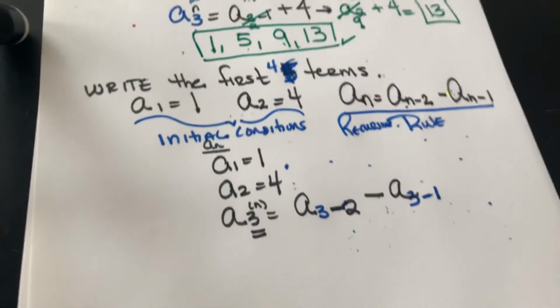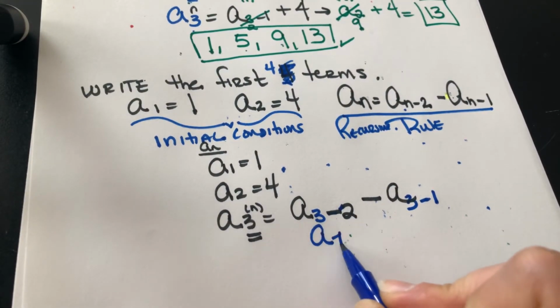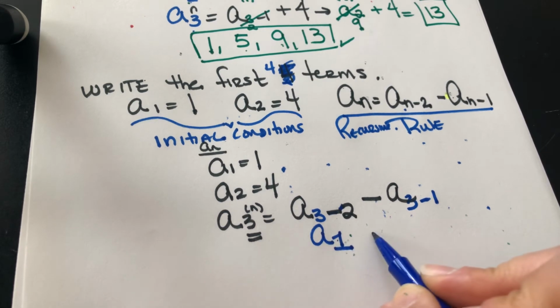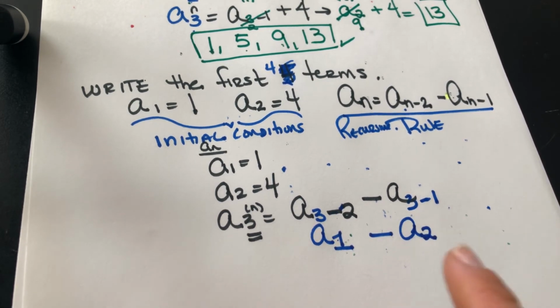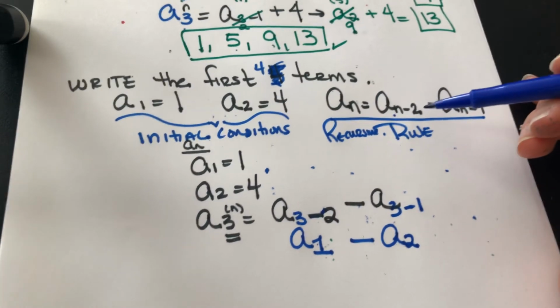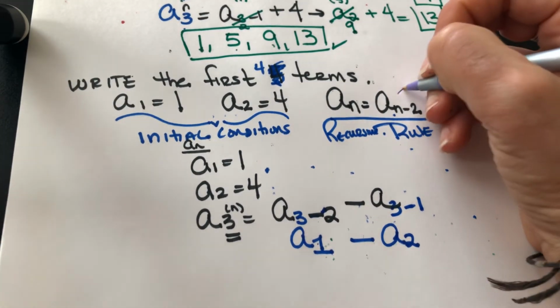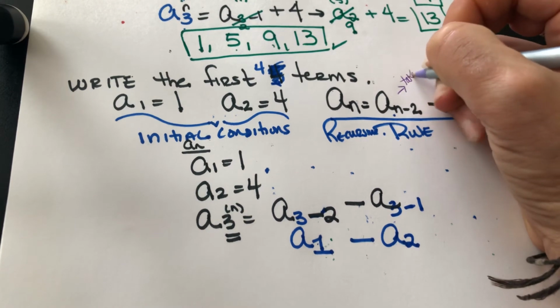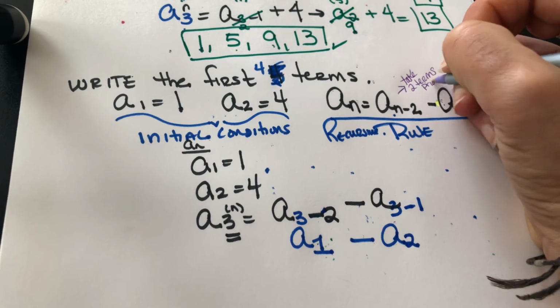So understanding what I just did, I just replaced all of those n's with 3. All right, let's see what you got. Well, this really wants 3 minus 2 is 1, so I want the first term, then 3 minus 1 is 2, minus the second term. This matters. The order is really important. Also, some of you guys are bright enough to realize this. If I say n minus 2, if you want to jot this as a note for yourself, what this means is take 2 terms prior.